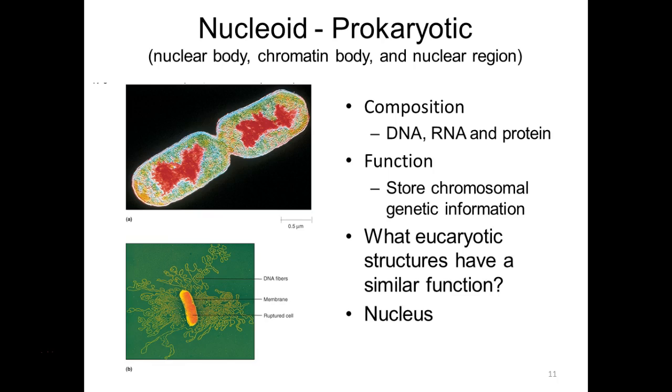The cell is rupturing. As you can see in this picture that's been specially stained for the chromosome, it's quite condensed, and it tends to be relatively centrally located for the most part.